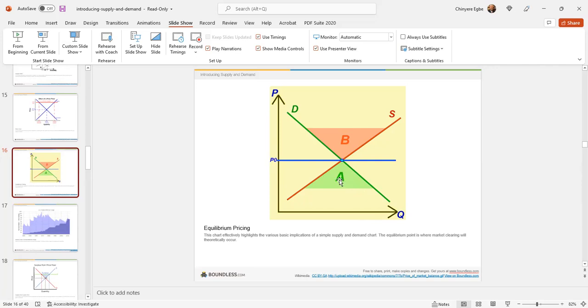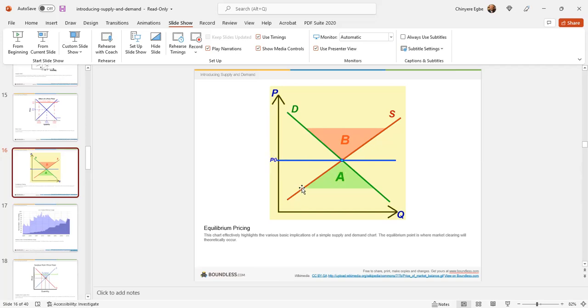Okay, and so now if the price is too high, what is going to happen is that the quantity demanded will be small and the quantity supplied will be high. But then the suppliers will see that they have a surplus, and so they begin to reduce the price. And so as the price is falling, the quantity demanded will be increasing until you get to the point where you have equilibrium at the point P0, okay?